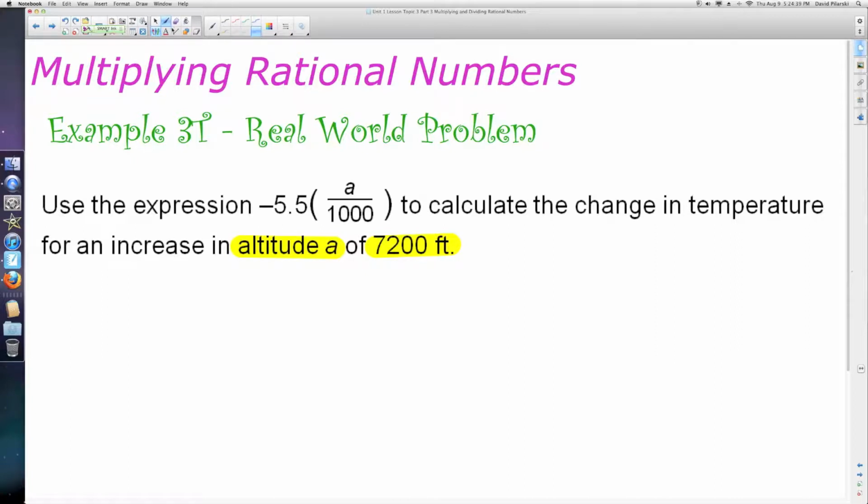So we take the given expression, -5.5 times a over 1,000. I know that looks like a 9, but it's a lowercase a. We substitute in 7,200 for that a, so our expression will look like -5.5 times 7,200 over 1,000.